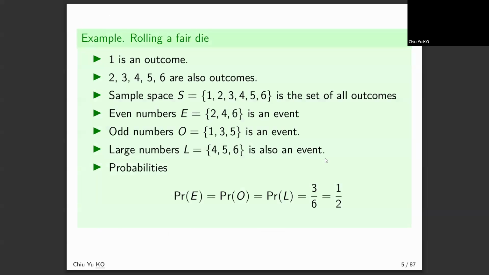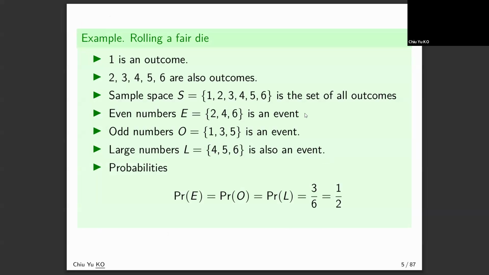Now let's look at this. If a die is fair, a 6-faced die, you have 6 outcomes, and each outcome is equally likely. An even number is an event because it's 2, 4, 6. An odd number, 1, 3, 5, is an event, and large, 4, 5, 6, is also an event.